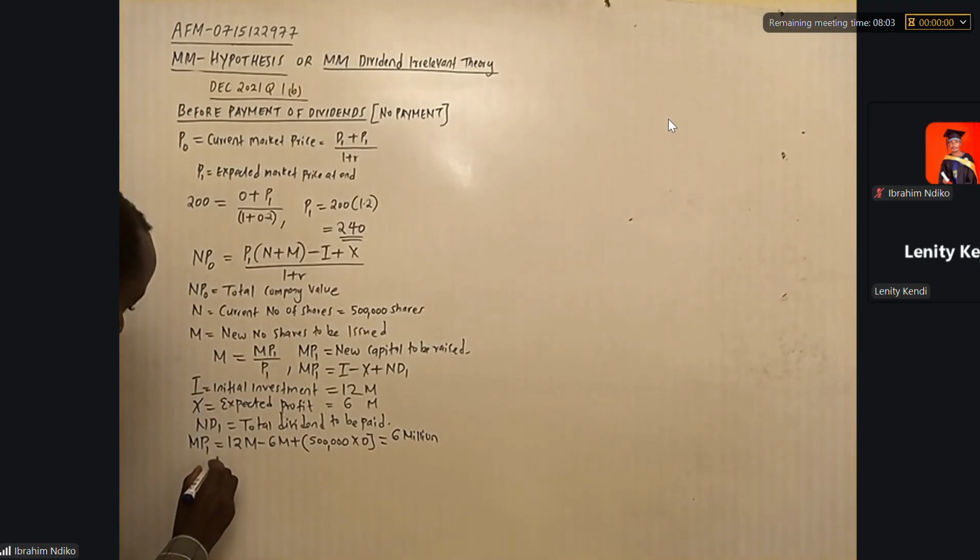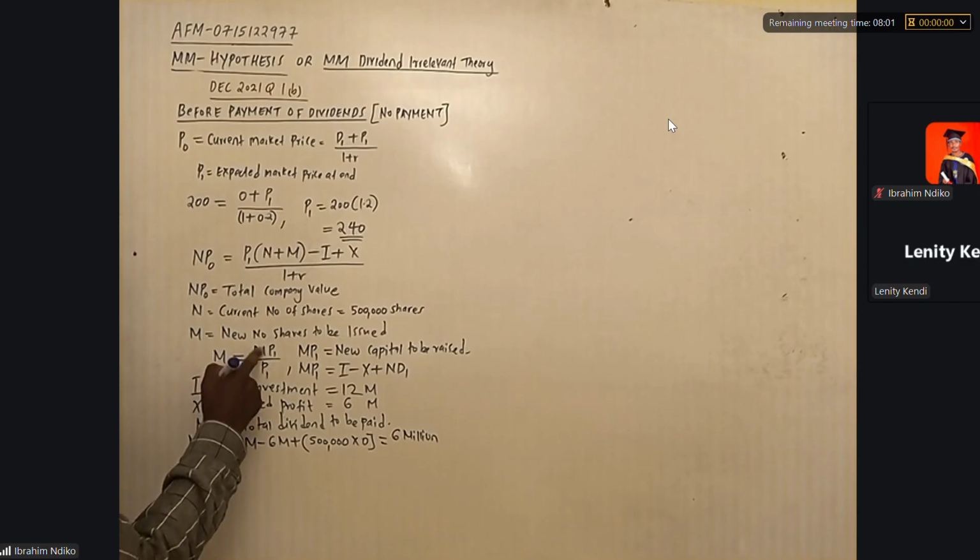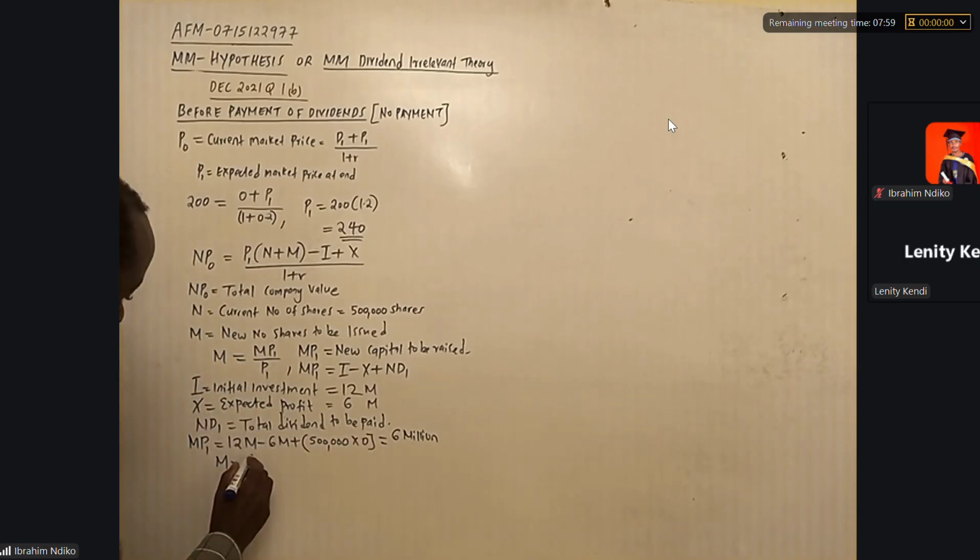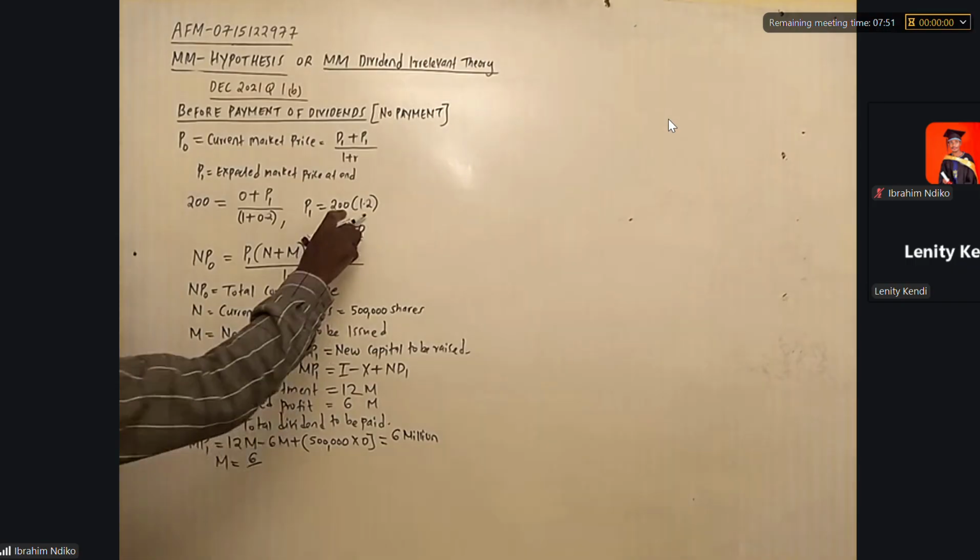So can we find M now? M is mP1 over P1, which is 6 million divided by P1, which is 200.